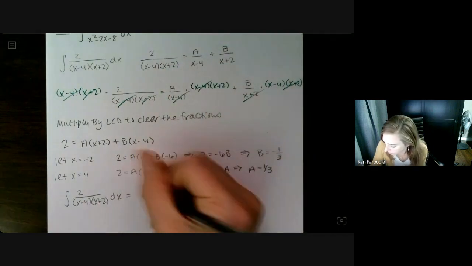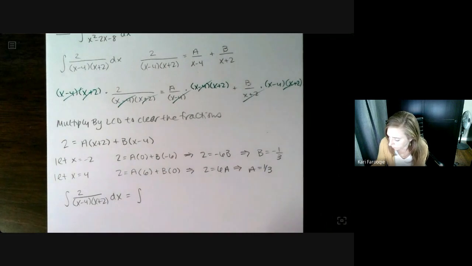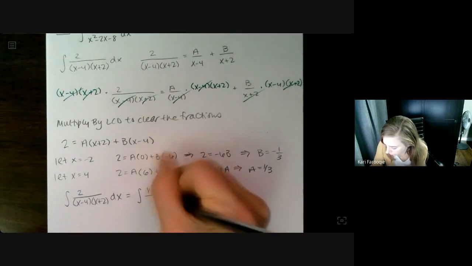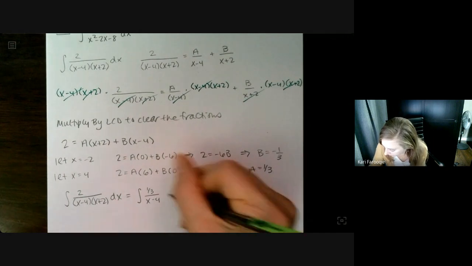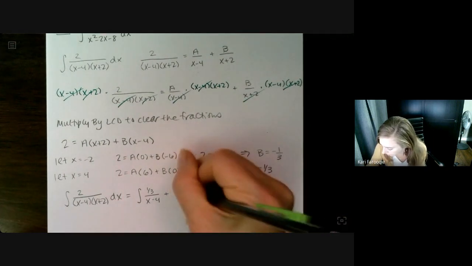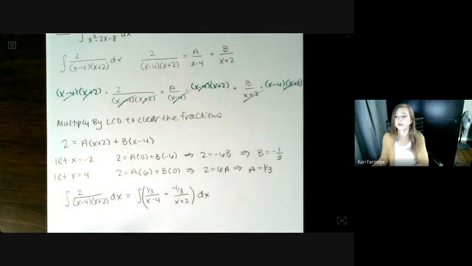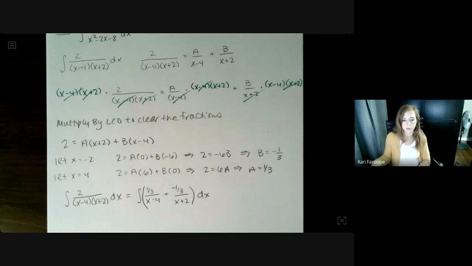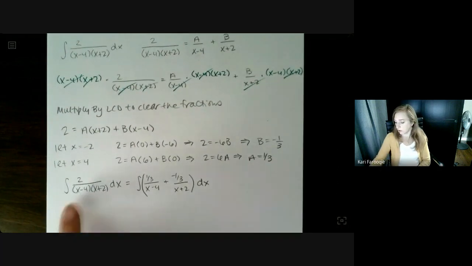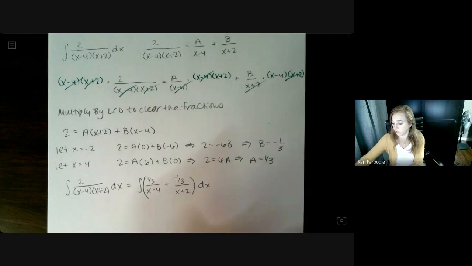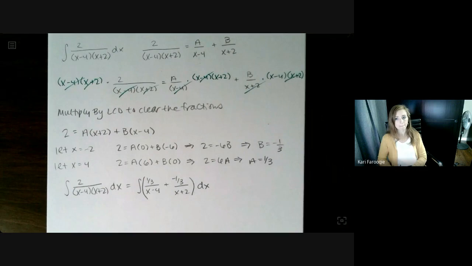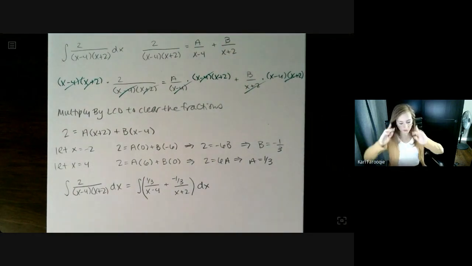So I can say that this is the integral of a over x minus 4, which is 1/3 over x minus 4, plus, and then b is negative 1/3 divided by x plus 2, dx. And we're going to rewrite this one more time to make it look a lot better. But officially, if you were doing a direct substitution based off of this definition, that's what it looks like. That's how we use partial fractions with linear factors, single linear factors.